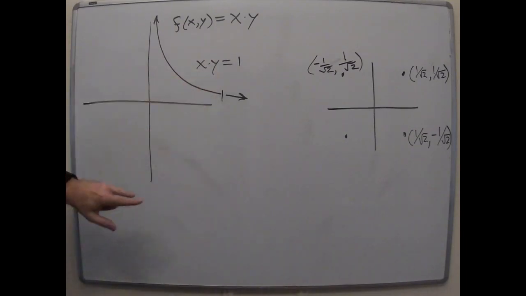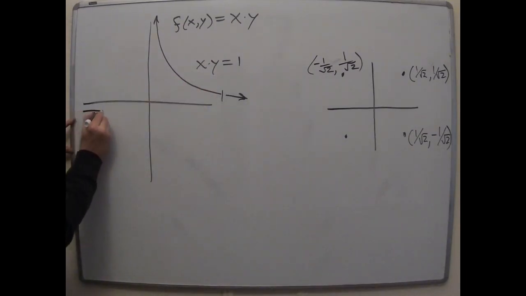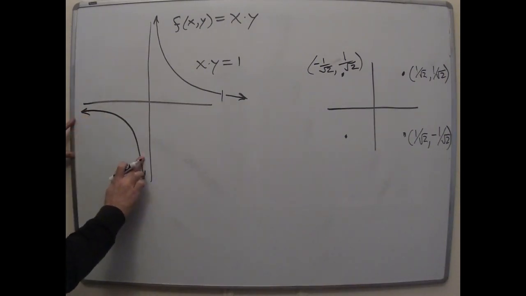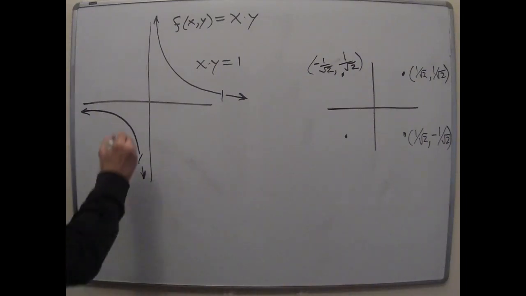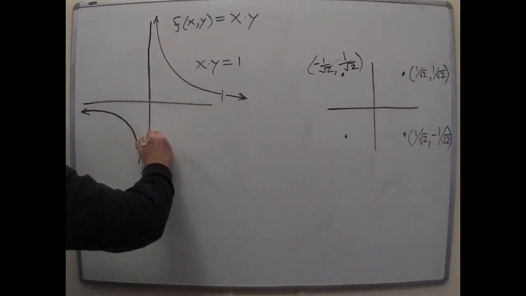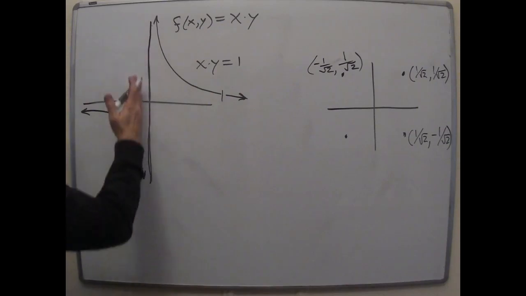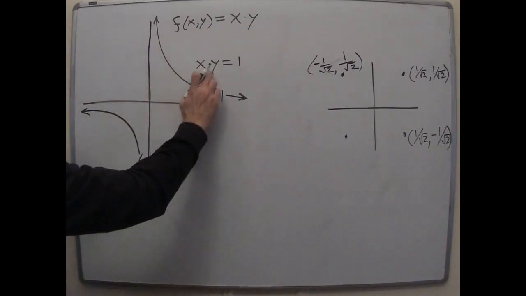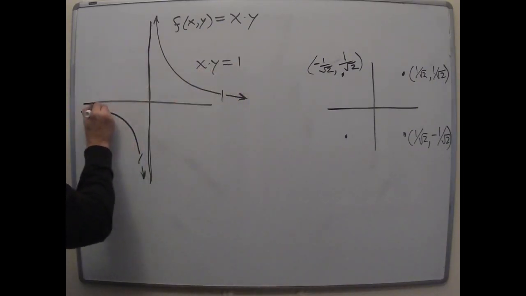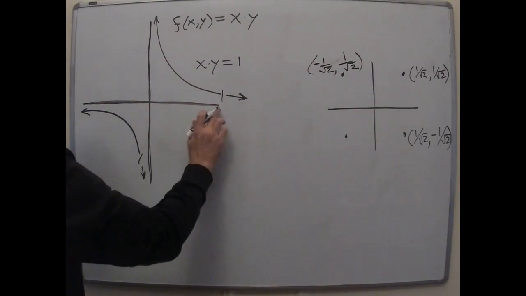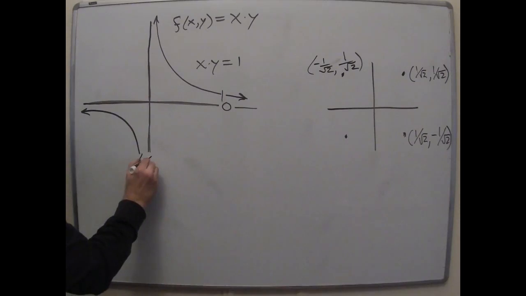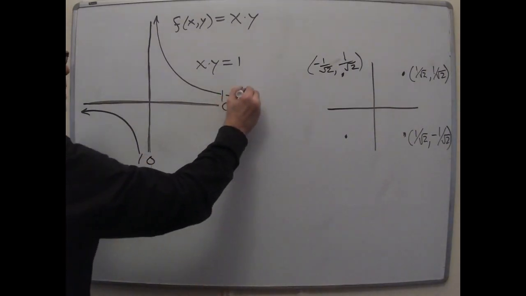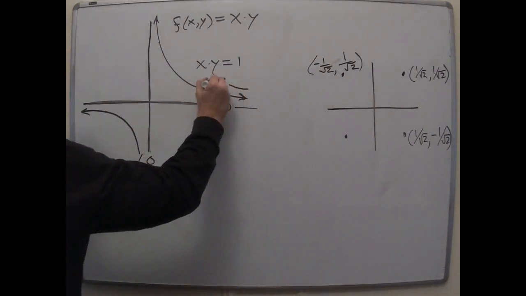If x and y were both negative, we'd also get this piece of it. So that's also level 1. Level 0 turns out to be the 2 axes. The y-axis is where x is 0, so you'll get 0 as the output. The x-axis is where y is 0. So level 2 would be like in here somewhere.